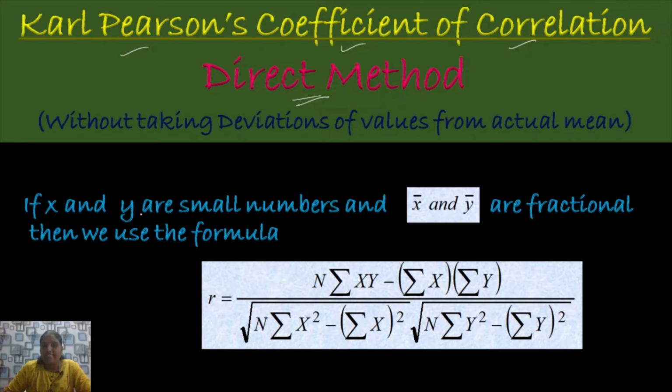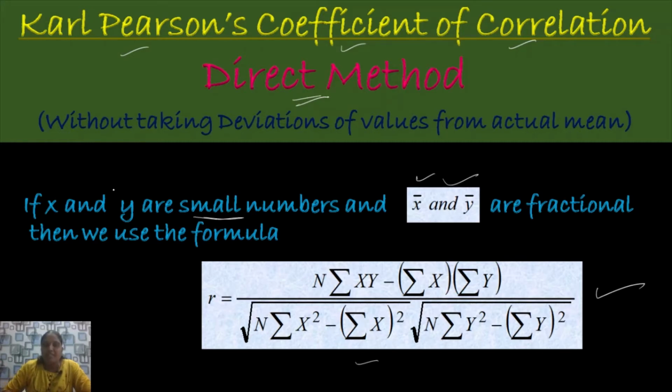If x and y are small numbers and x bar and y bar are fractional, then we use the formula r is equal to n sigma xy minus sigma x sigma y over under root n sigma x square minus sigma x the whole square, under root n sigma y square minus sigma y the whole square. We make use of this formula to calculate Karl Pearson's coefficient of correlation using the direct method.